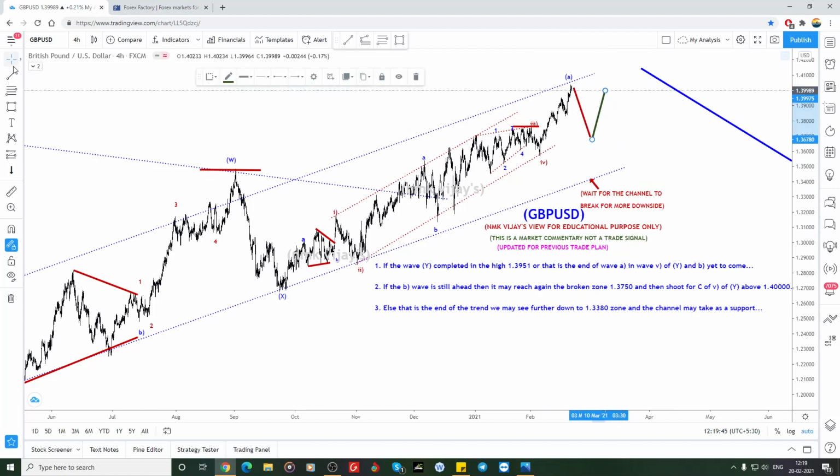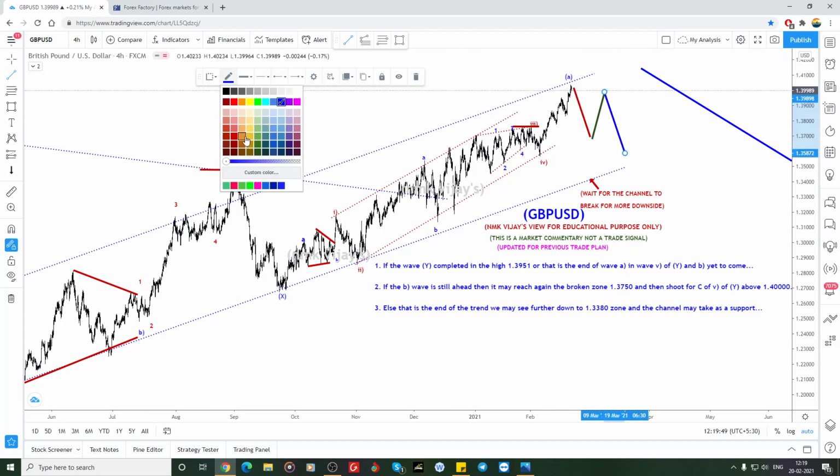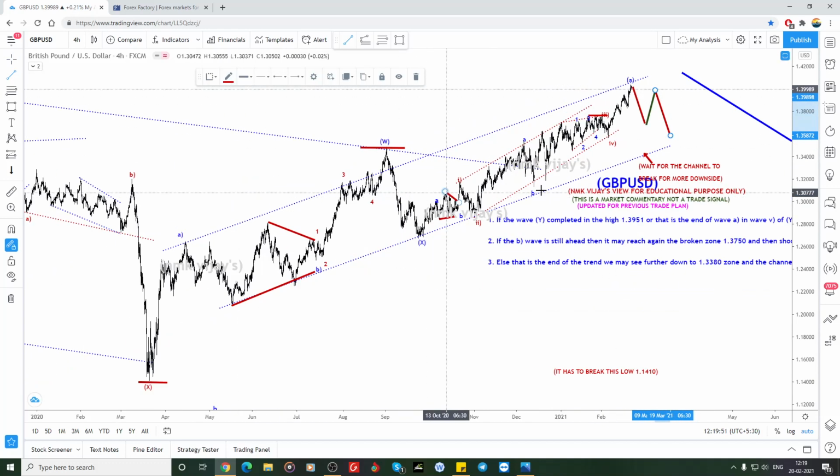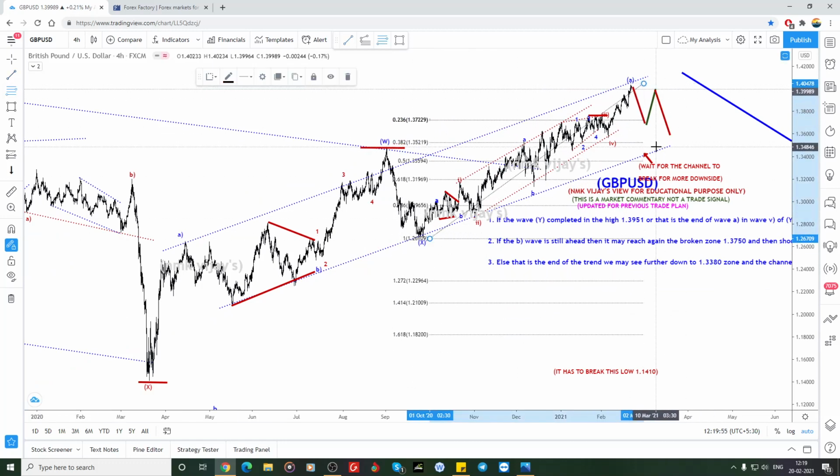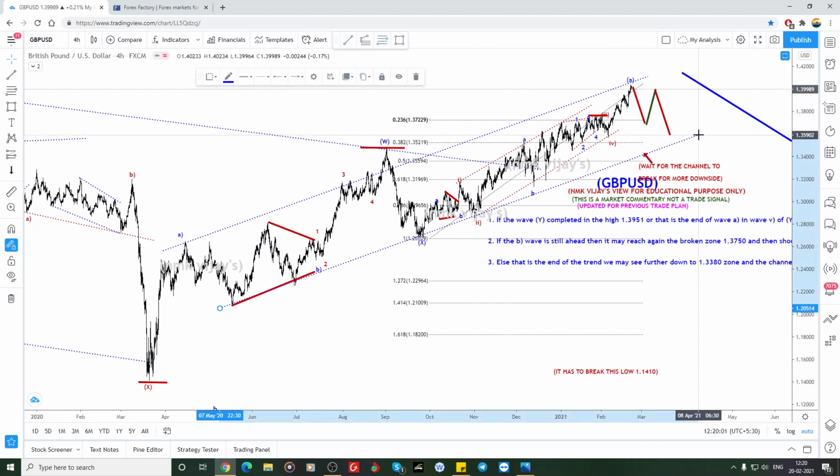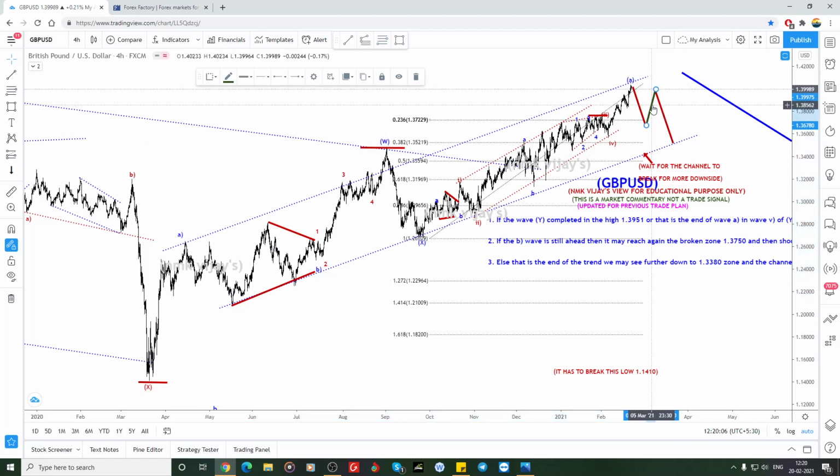It could be a 38.2 retracement, or it could be a 50% retracement for this wave, right? The 38.2 retracement comes near this trend line, so it may take support. Again, for the B wave, if it didn't make a triangle, we can see that 3.5.